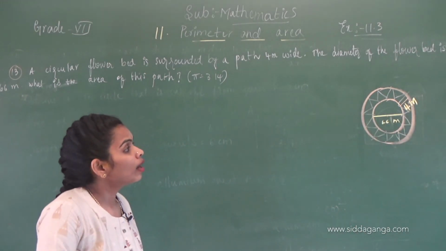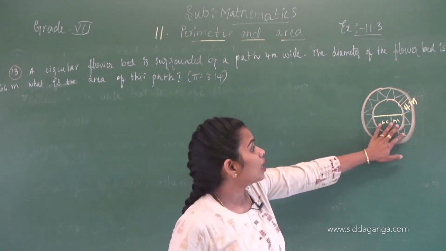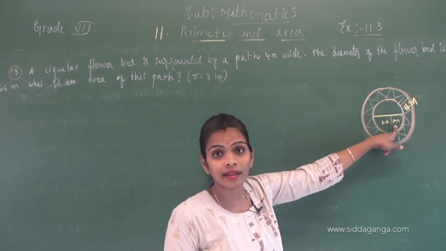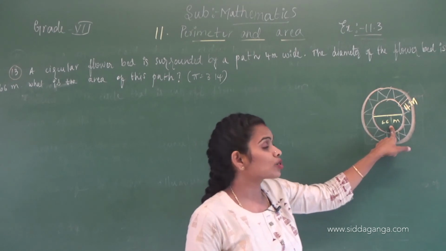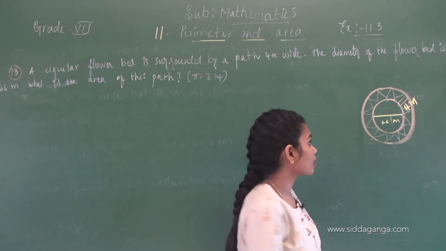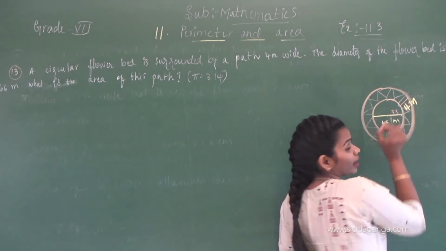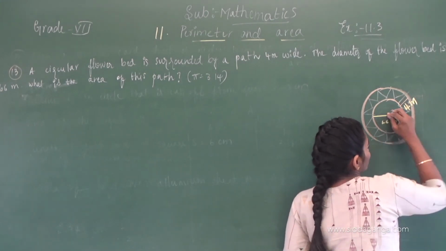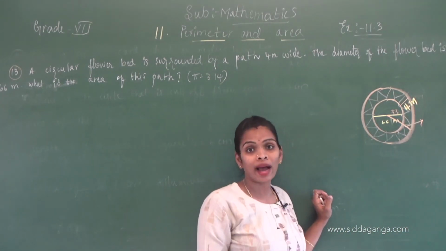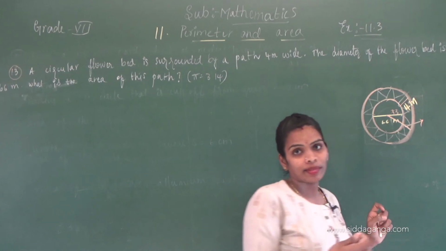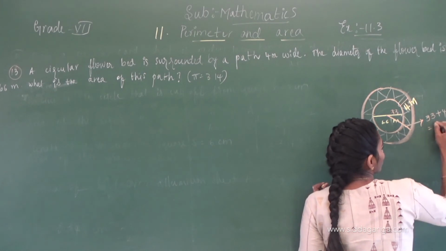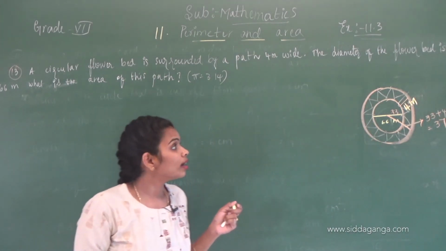We know the diameter of the inner circle, correct? That means we can find the radius also. 66 by 2 equals 33. Then they are constructing a path around it with 4 meters of extra width. 33 plus 4 equals 37 meters.